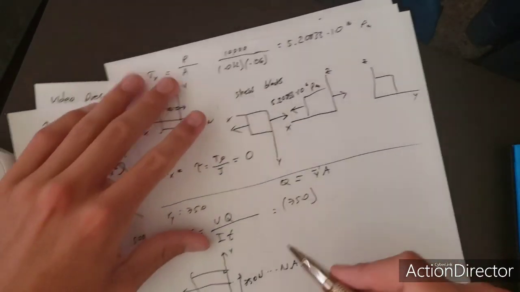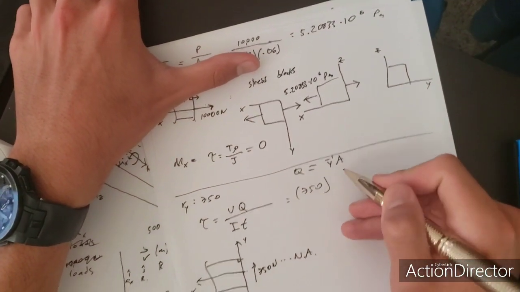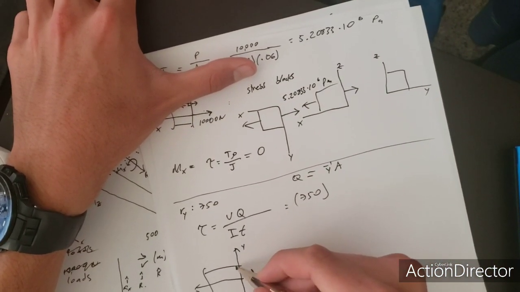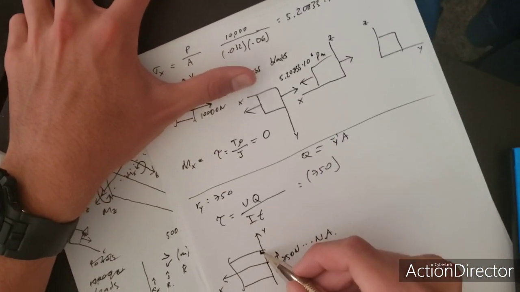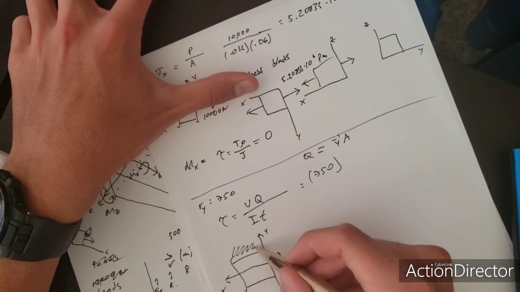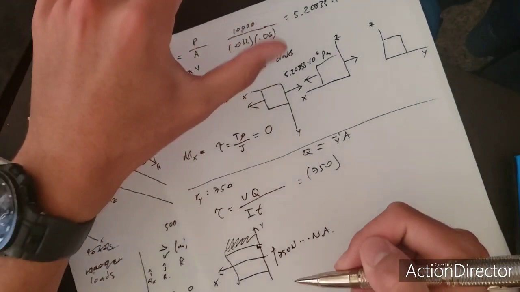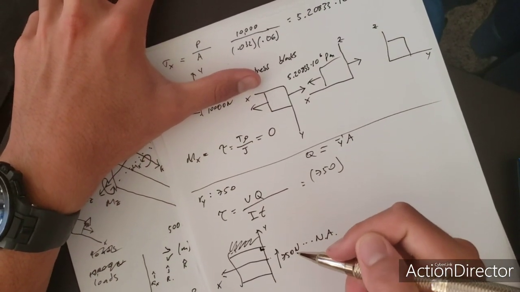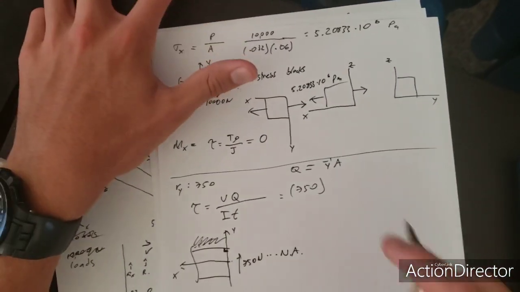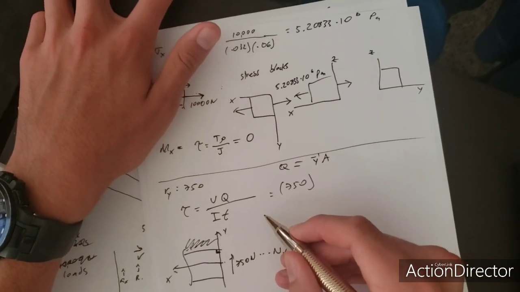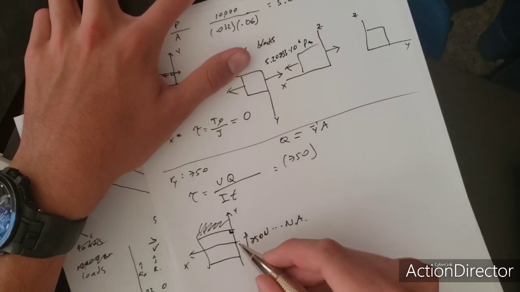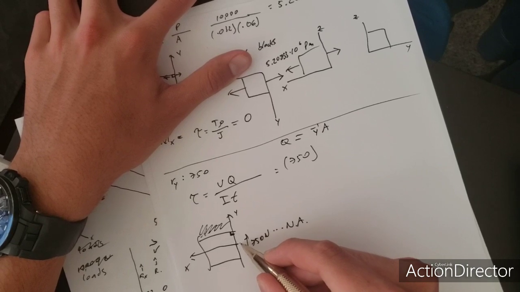So let's see, the area above your point of interest is nothing because it's outside of your object, outside of the rectangle object. So then here it's going to give you 0, and that makes sense because your maximum transverse shear should be close to the middle, like right at the middle.